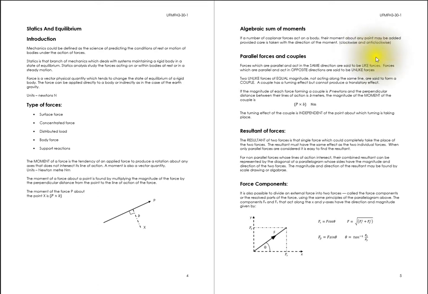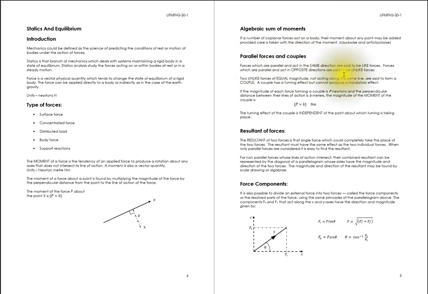Now this is not going to tell me the whole game here, because we're saying that we have parallel forces in couples. We can have one force going in this direction, and another force going about this distance away in this direction, and that would be an example of a parallel set of forces that form a couple.